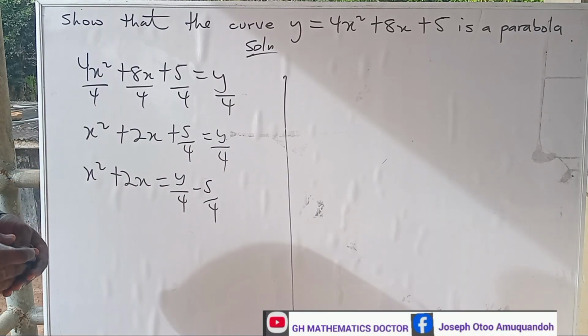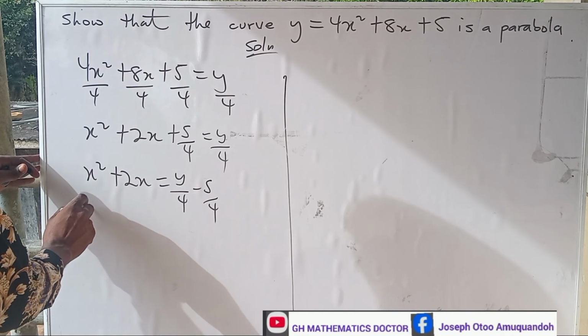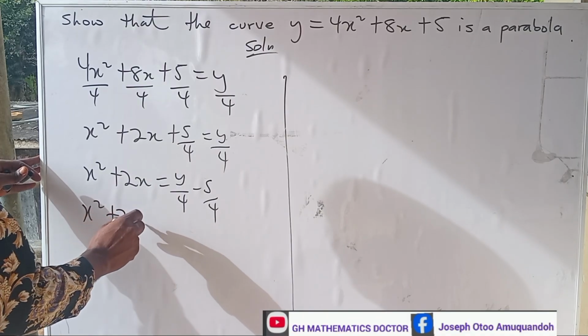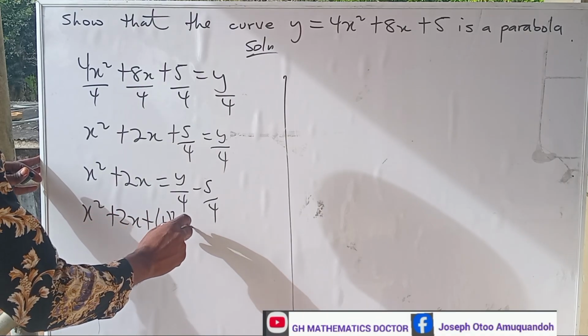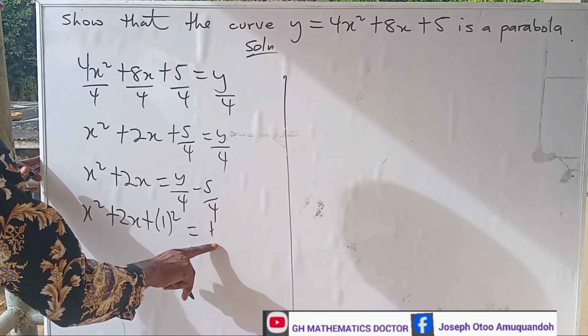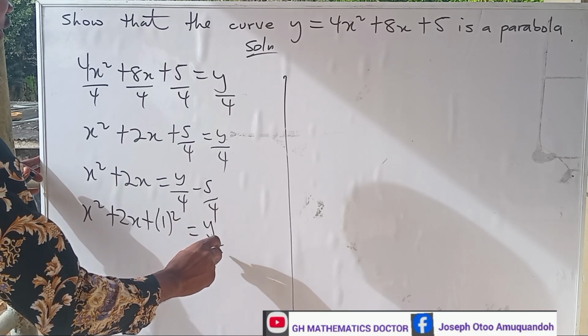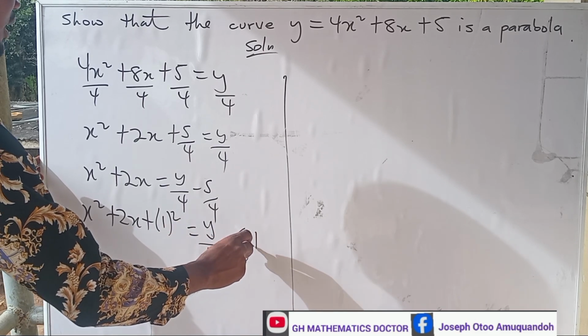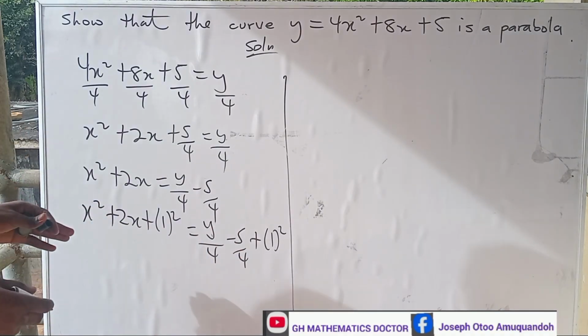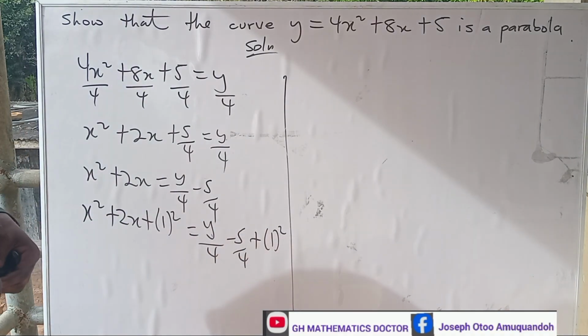Then the result that you get, you add its square to both sides of the equation. This is going to be x squared plus 2x plus 1 squared equal to y over 4 minus 5 over 4 plus 1 squared. So half of the 2 is 1, and we add its square to both sides of the equation.